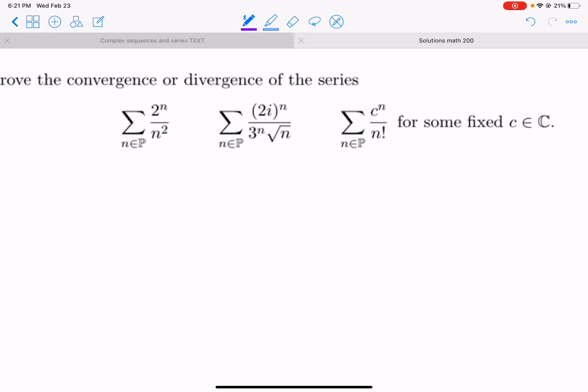Okay, so now let's look at these terms of a series. Let c sub n equal 2i to the n divided by 3n square root of n. Okay, that's just these terms. Now let's look at a sequence that we define to be the sequence of ratios.